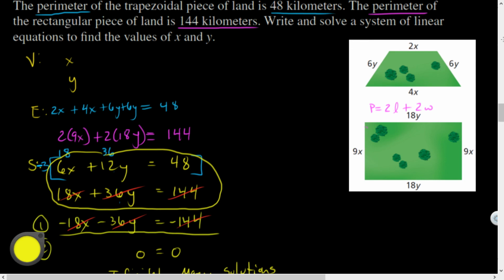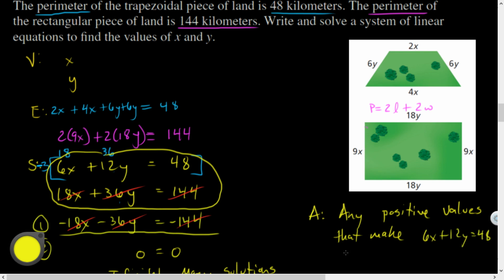So yeah, the answer is, as far as values of x and y that make this true, any positive values, I spelled that wrong, that make, let's just choose the simpler equation, 6x plus 12y equals 48 true will work.